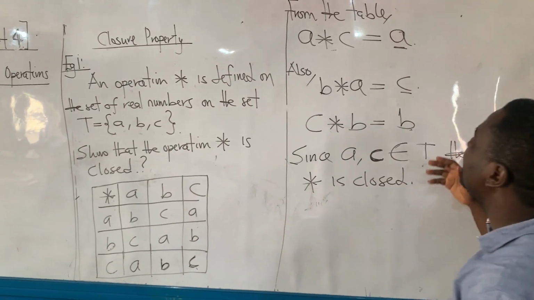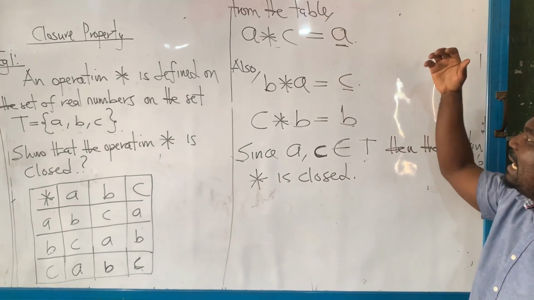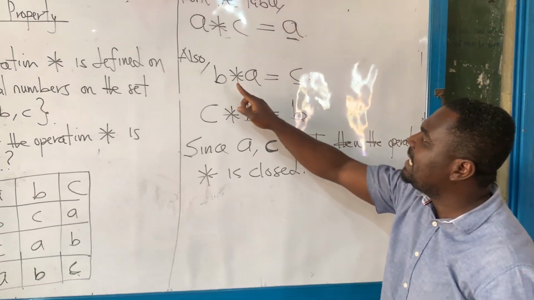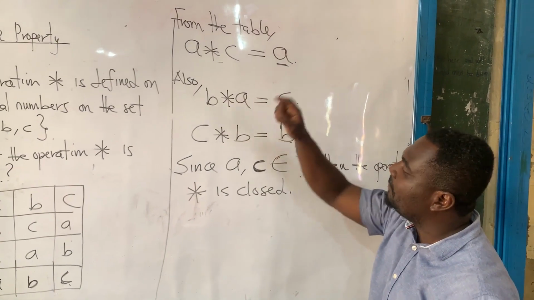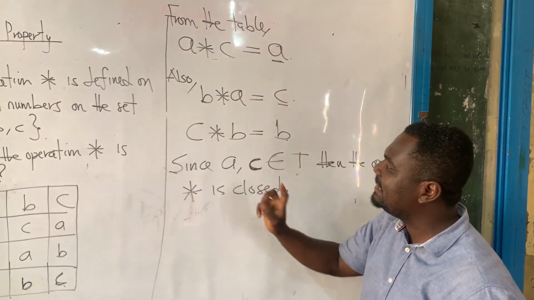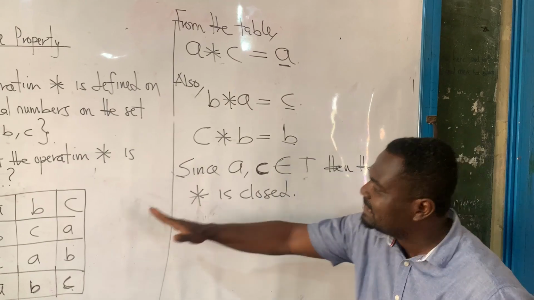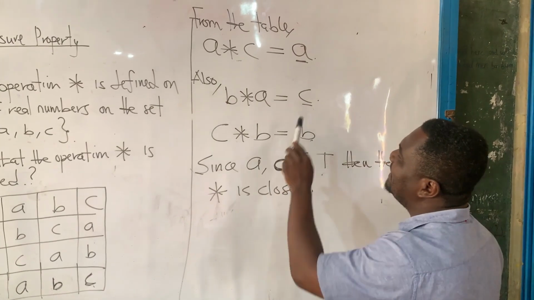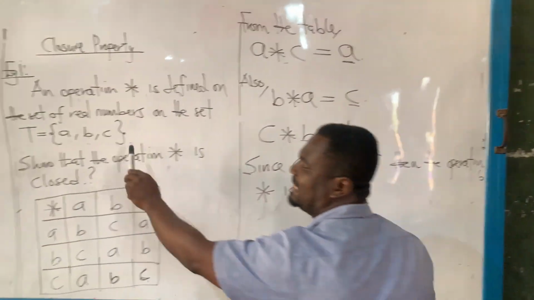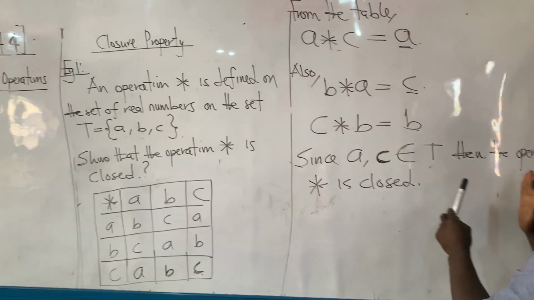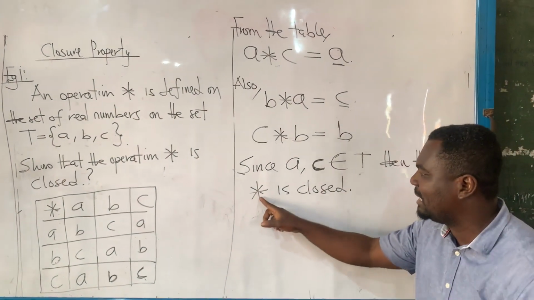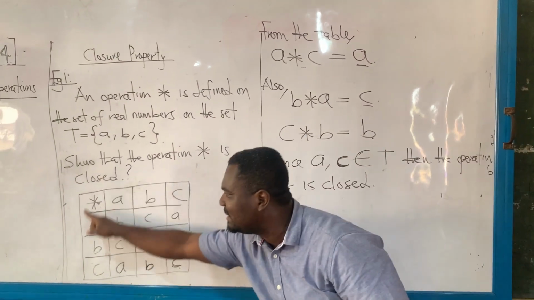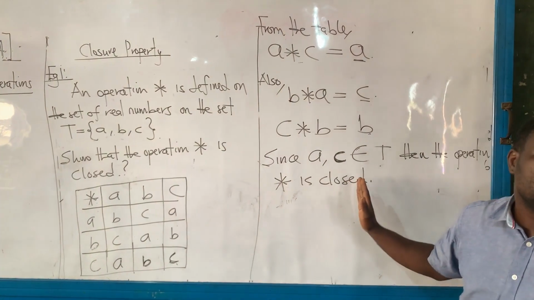So looking at the three examples here, you could see that I had A star C as A, B star A from the table as C, and C star B from the same table as B. And you could realize that my answers, which are A, C, B, belong to the set T. Then I can say that the operation star I used to draw my table is closed.